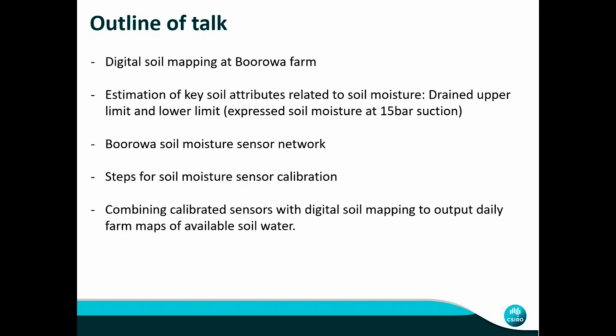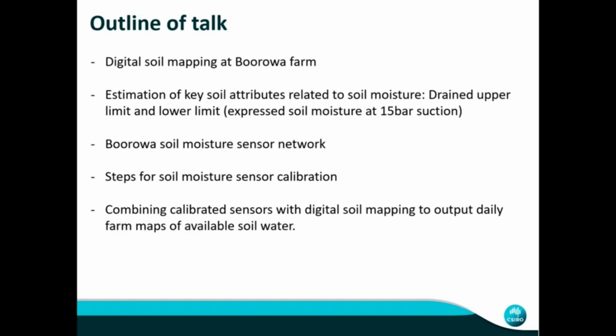I'll be talking a bit about the soil moisture sensor network at Boorowa, and then the steps for the soil moisture sensor calibration, and that's all based on the soil information that we've determined for the maps. And then to combine that, to come up with actual spatial mapping, three-dimensionally, of the soil moisture on a daily time step across the farm.